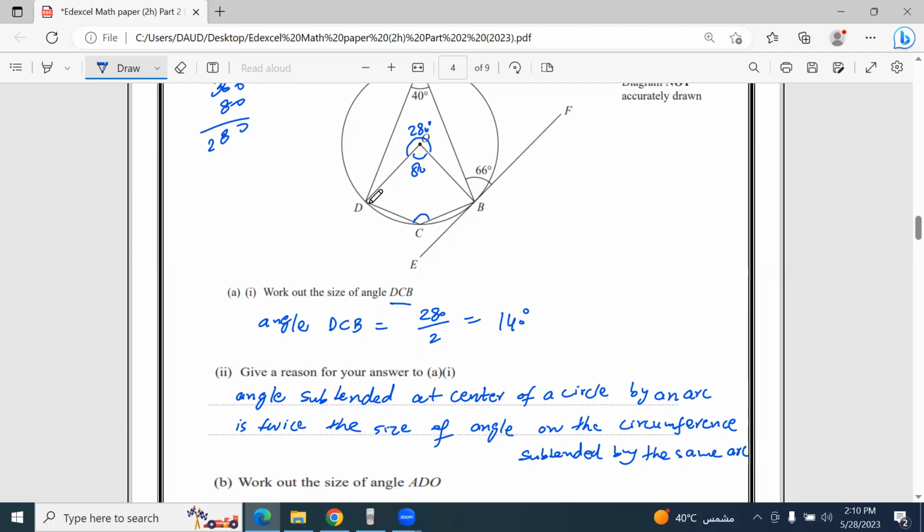Same arc. As you can see that this arc is the common arc. And this is the common arc for both angles, 80 as well as 40.